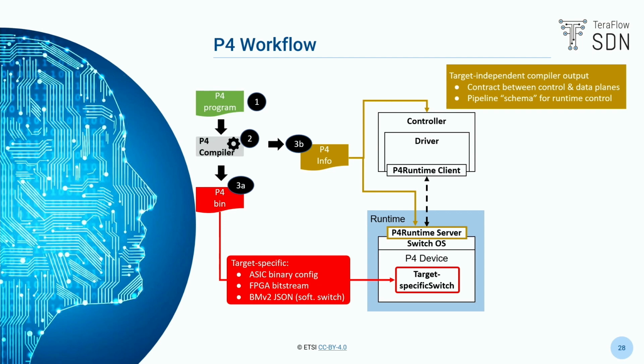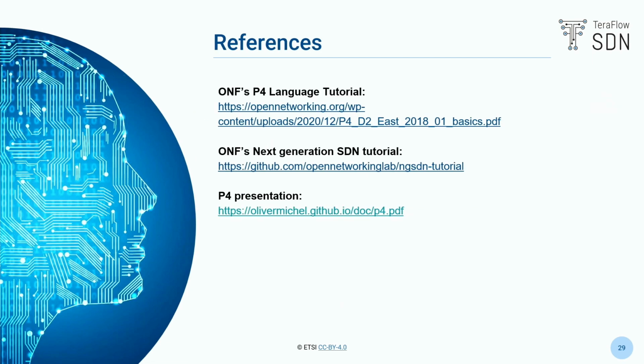So this will be our focus. However, whatever we do today generalizes very easily to other types of targets, including FPGAs or ASICs or whatever else. A set of references which we used to compile this initial slide set, just for you to know.